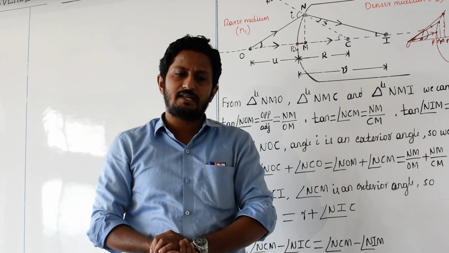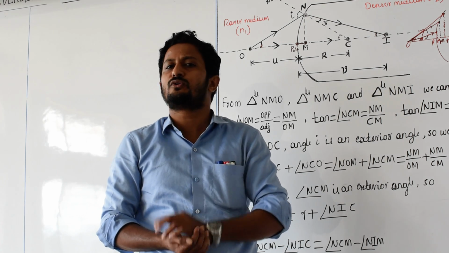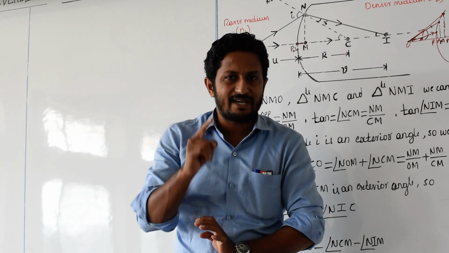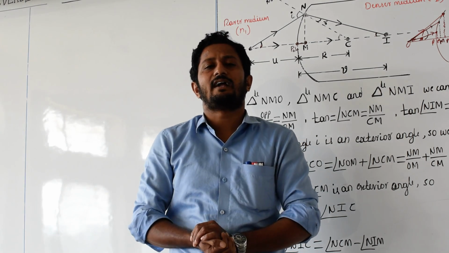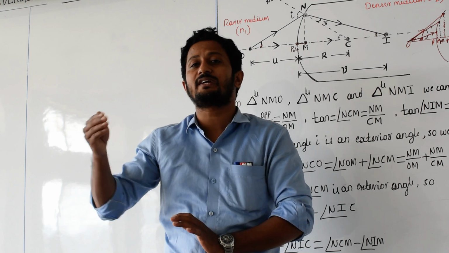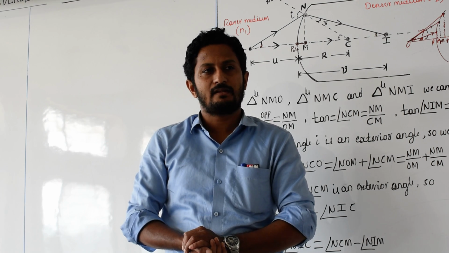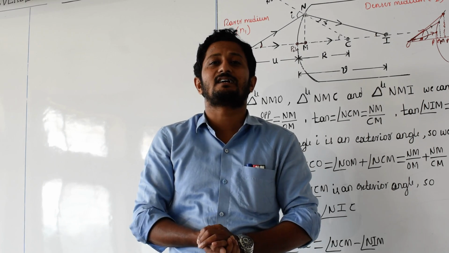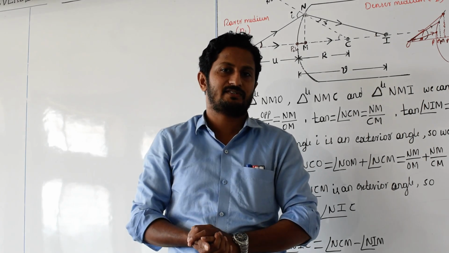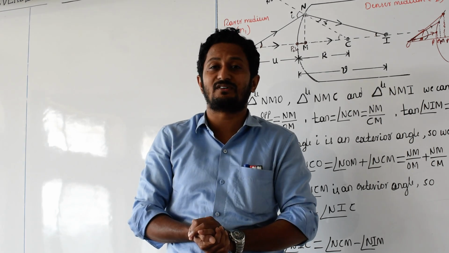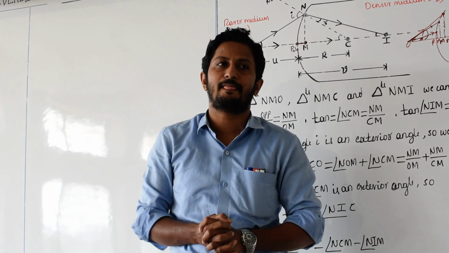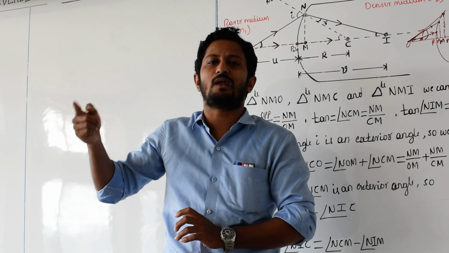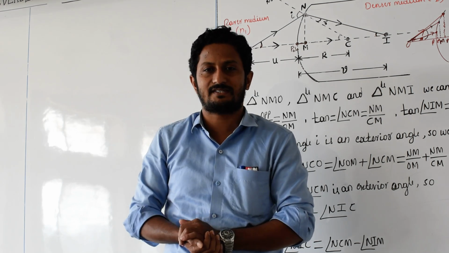A lens is mainly classified into two types. One is the convex lens and the other is the concave lens. This convex lens we even call a converging lens. Why we call it converging, I will tell you later. And the concave we even call a diverging lens.